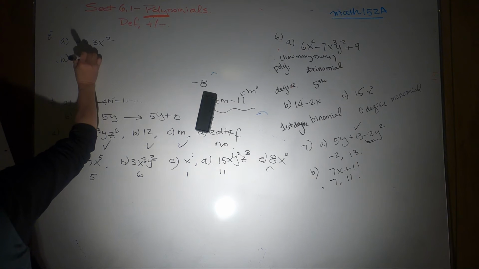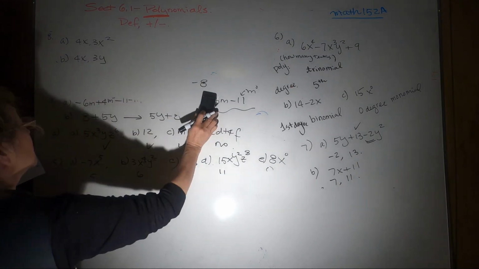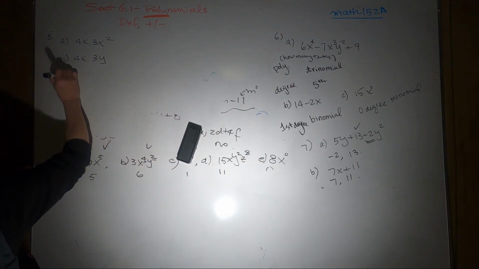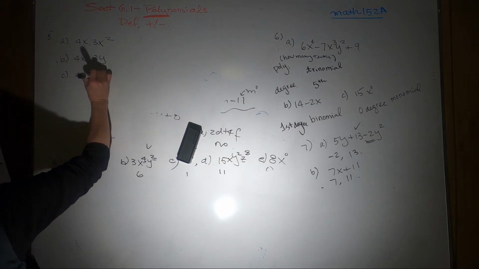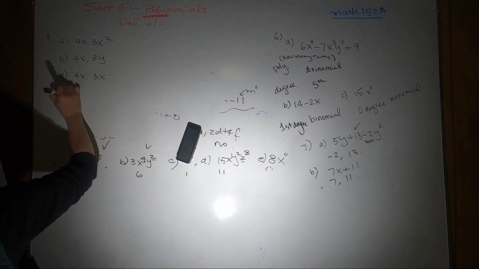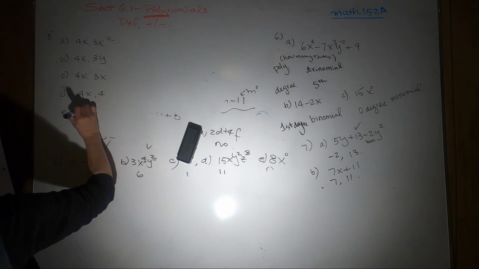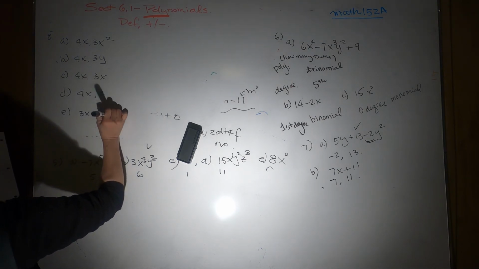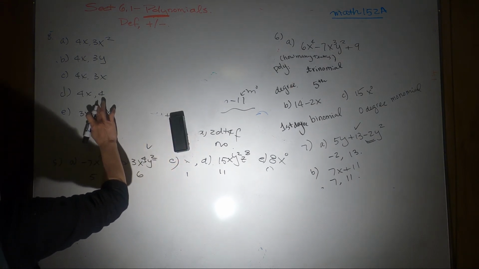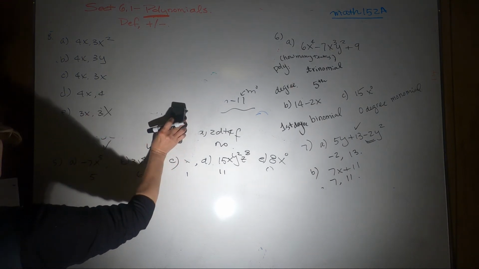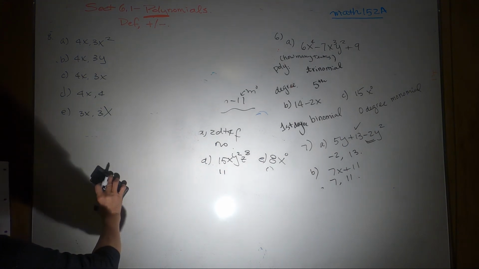Next one, 4x, 3y. Next one, 4x, 3x. Next one, 4x and 4. Next one, 3x and 3 big X. Okay, 3 is the same.